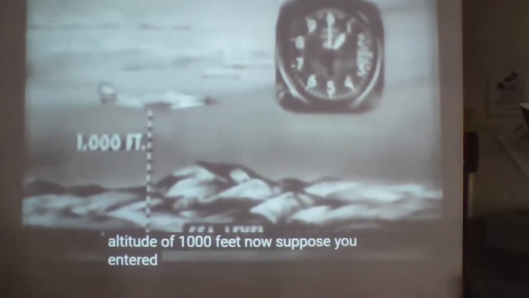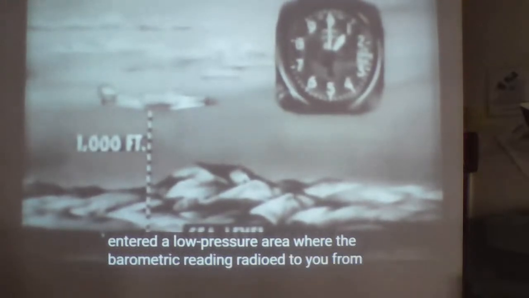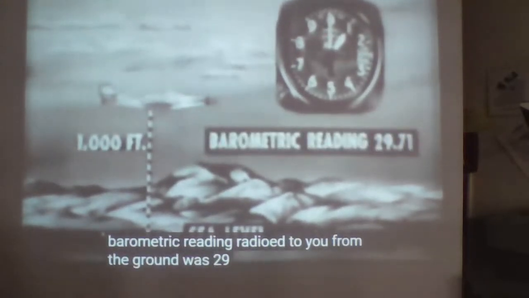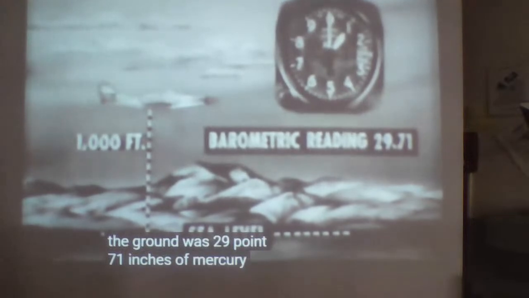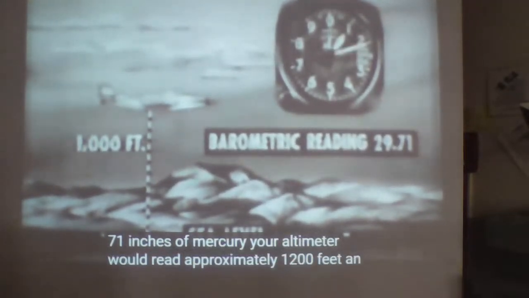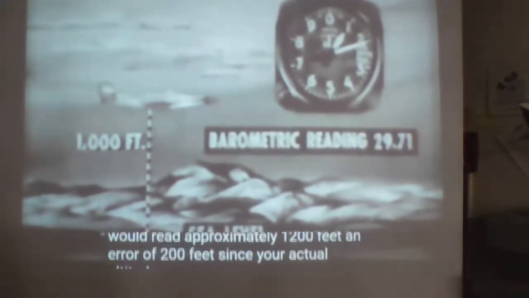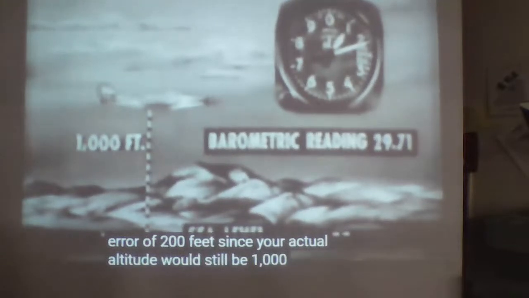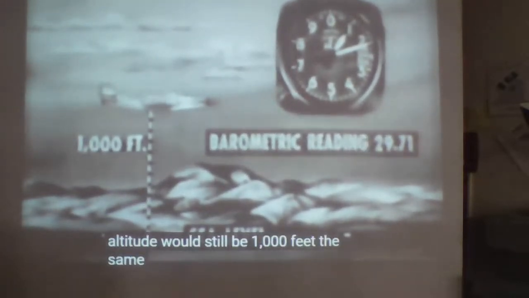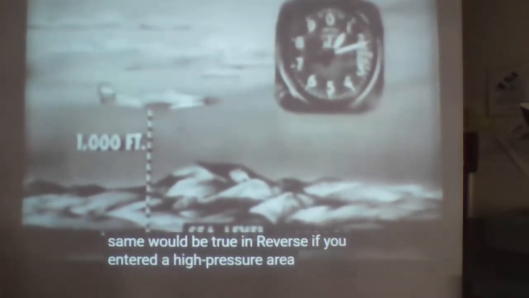Now, suppose you entered a low-pressure area where the barometric reading, radioed to you from the ground, was 29.71 inches of mercury. Your altimeter would read approximately 1,200 feet, an error of 200 feet, since your actual altitude would still be 1,000 feet. The same would be true in reverse if you entered a high-pressure area.